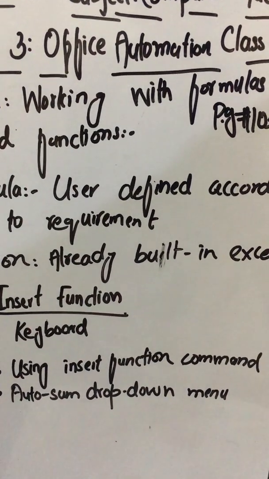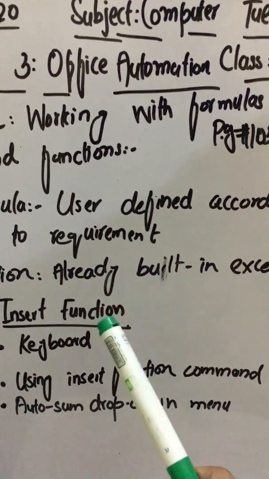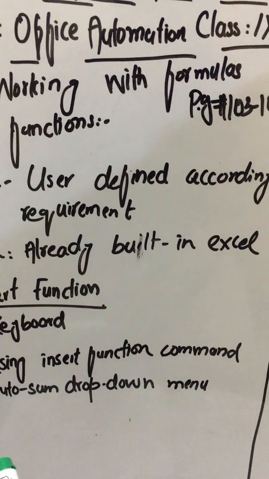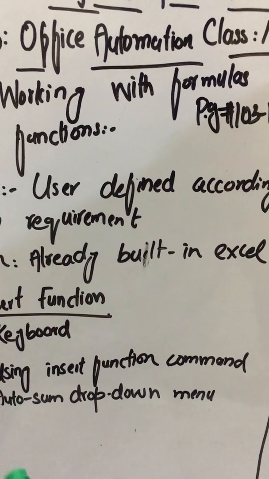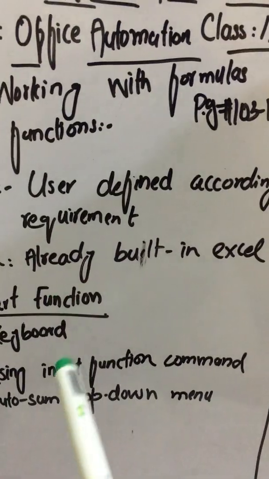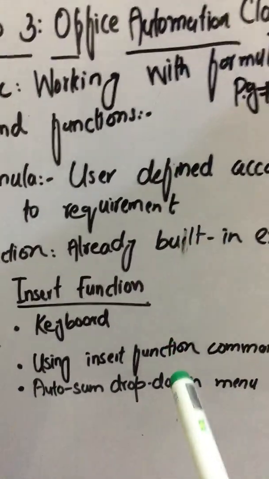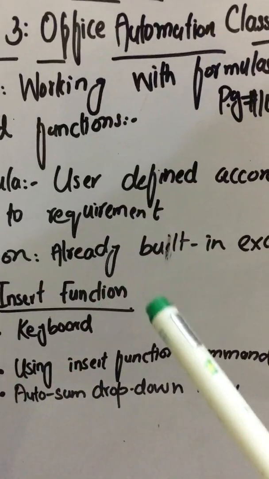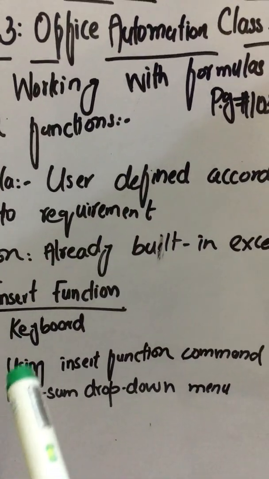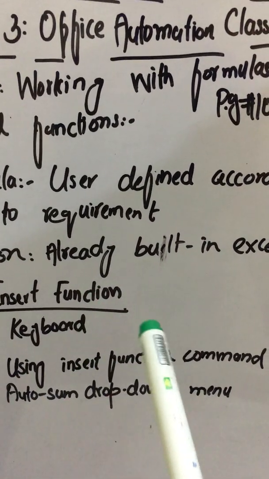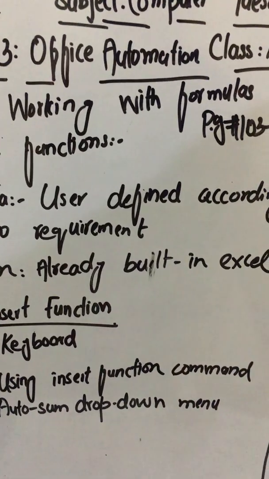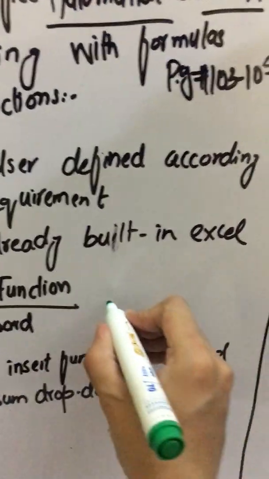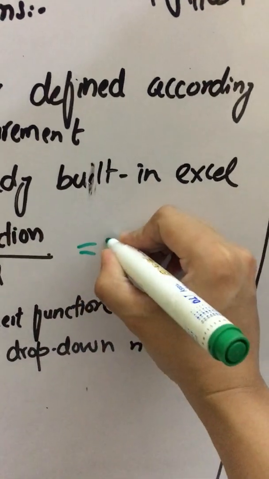If you want to use the formula by using the keyboard, you have to select the cell and type the first two characters of the function that you want to use. For example, if I want to find the average, then I will write equals to with AV, the first two characters.